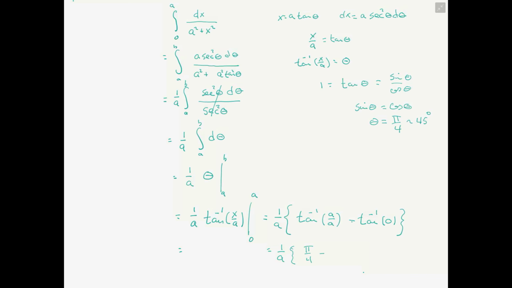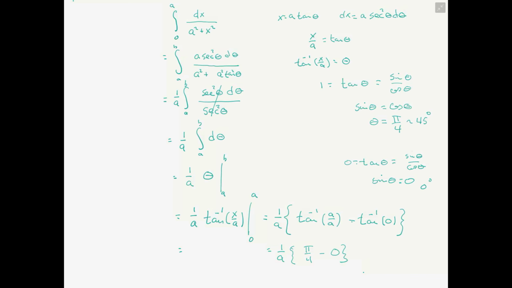So for tangent theta equals 0, we've got 0 equals sine theta over cos theta, then sine theta must be equal to 0. And that happens at 0 degrees. So that's minus 0.